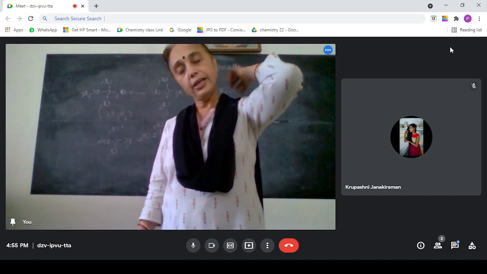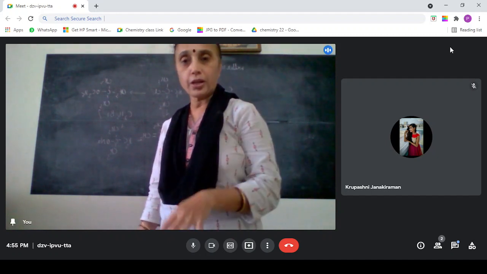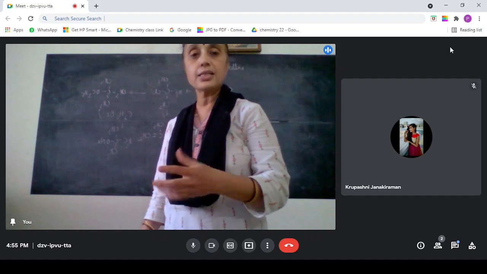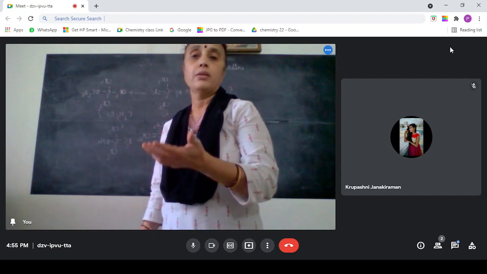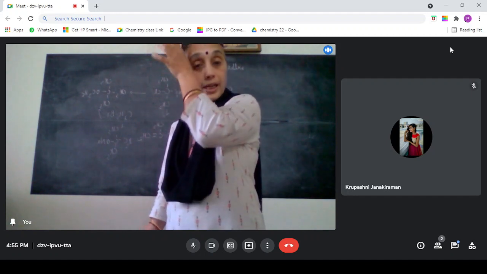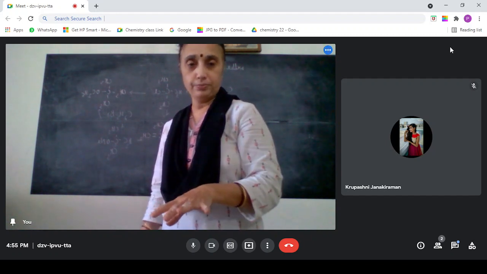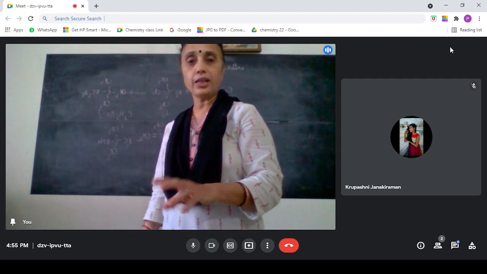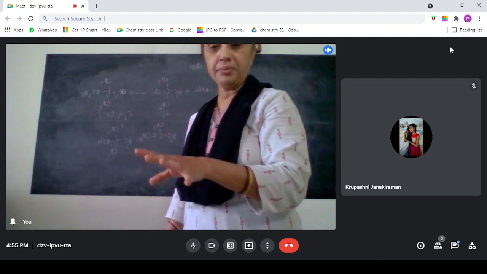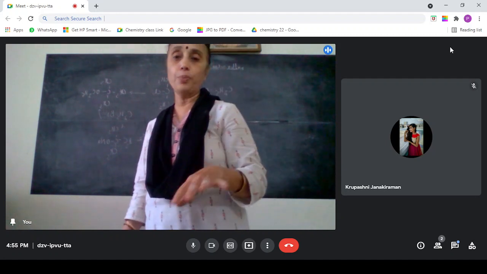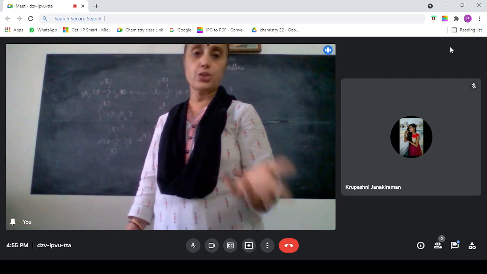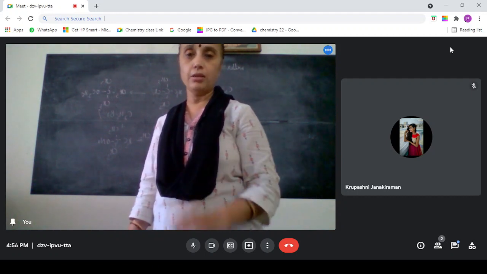Ethers are soluble in water, but the solubility decreases as you increase the alkyl group. Bigger alkyl groups will become less soluble. They will still mask the oxygen atom, so they are less soluble. They are more soluble in organic solvents like acetone, benzene, carbon tetrachloride.